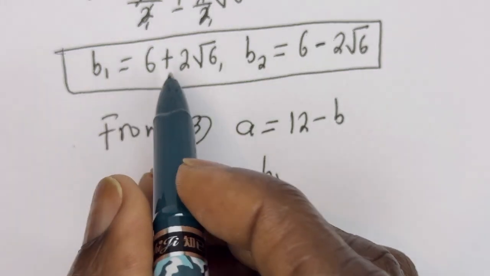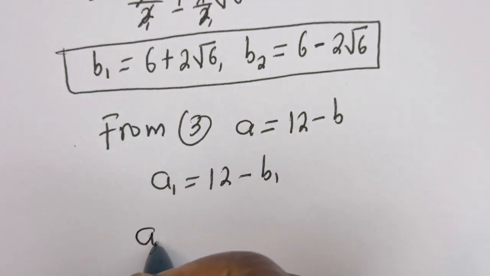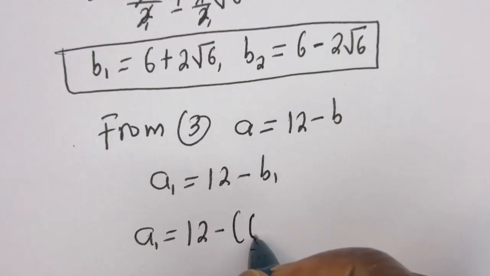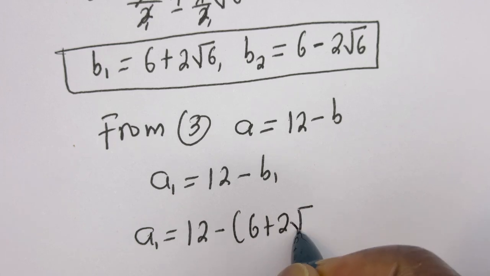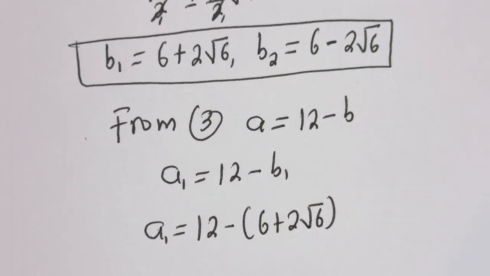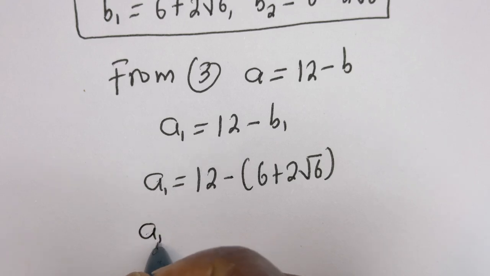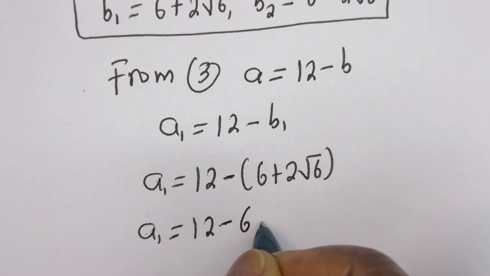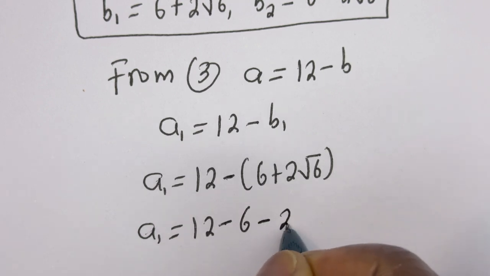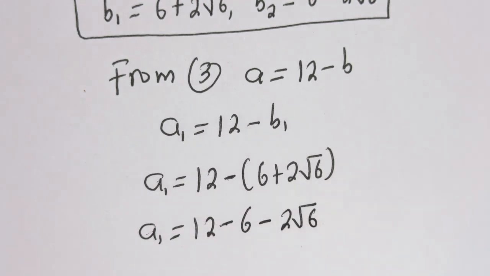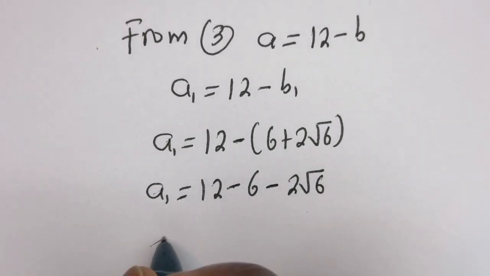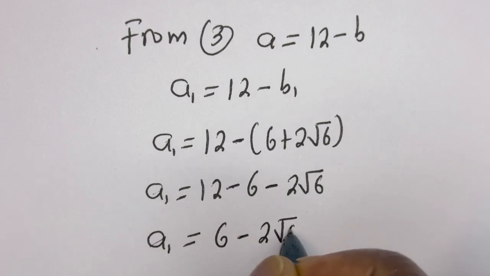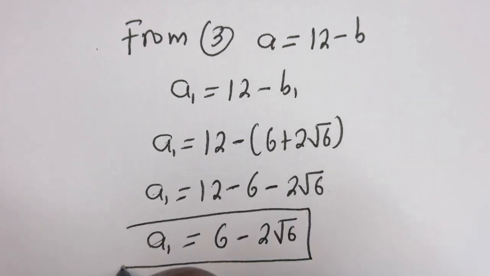When b1 is 6 plus 2 root 6, a1 is equal to 12 minus bracket 6 plus 2 root 6. Let's open the bracket: 12 minus 6 minus 2 root 6. Then a1 is equal to 6 minus 2 root 6. This is the value of a1.